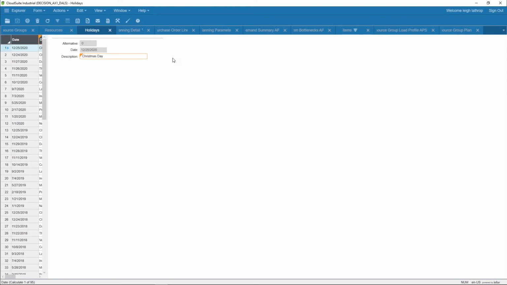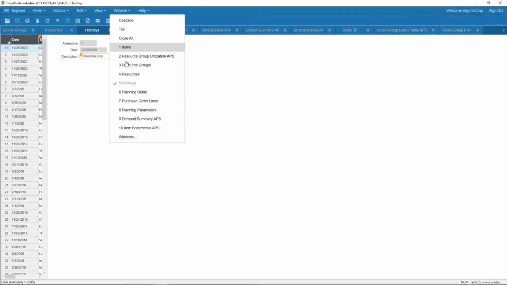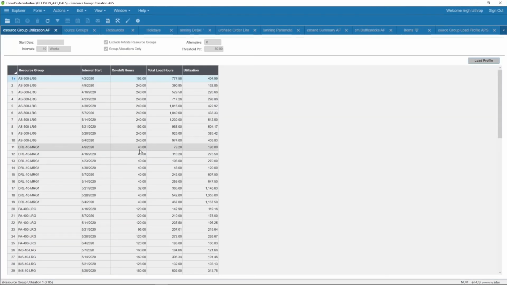Then we run planning, MRP with scheduling, or APS. And in an APS environment, we do the exact same thing that we were talking about doing before. We'd start with resource group utilization APS, and we would look at what happened to our on-shift hours, right?